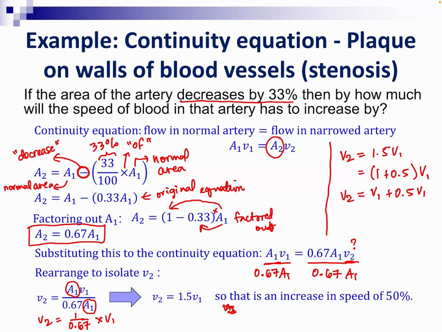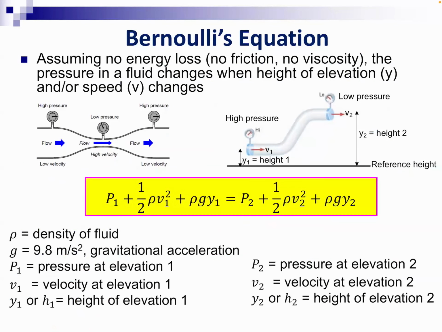All right. So we've learned a few math tricks in this slide, so that's good. So we've seen here so far that the speed will change according to the change in the cross-sectional area, and that's the continuity equation. Now let's bring together what we've learned just now and what we've learned in the first lecture by talking about Bernoulli's equation.